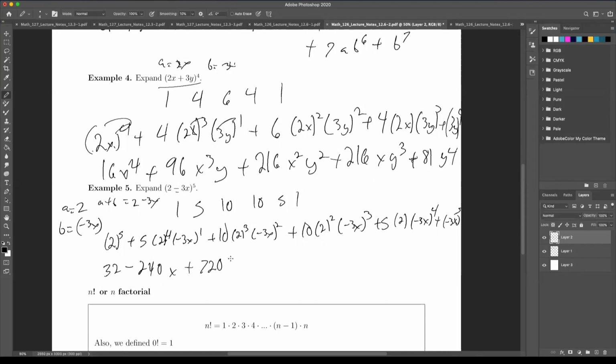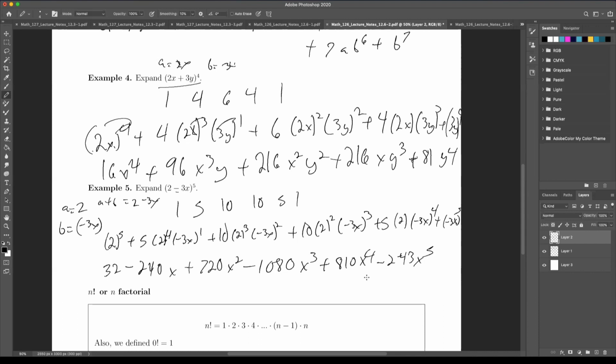You don't need to do this in your head; you could crunch this all through with the calculator if you like. So everyone see where I'm getting these? Here, just crunch this in a calculator, and you're going to get minus 108x cubed. Crunch this one in a calculator: 5 times 2, so 10 times 3 to the fourth, which is 81. So this is plus 810x to the fourth, minus 243x to the fifth. Okay, everyone's okay with this.